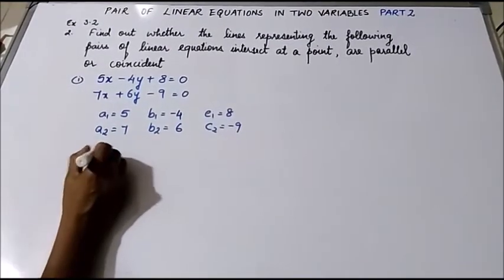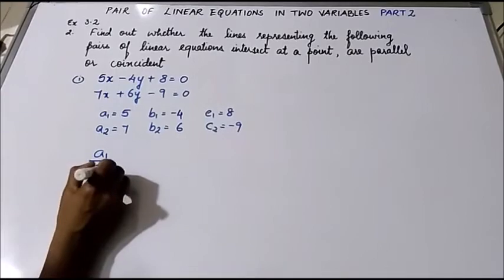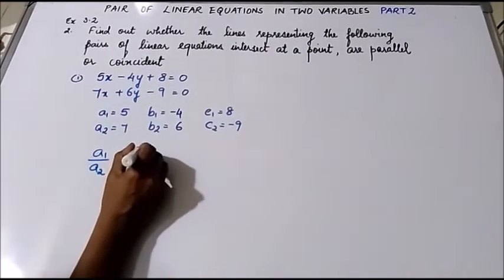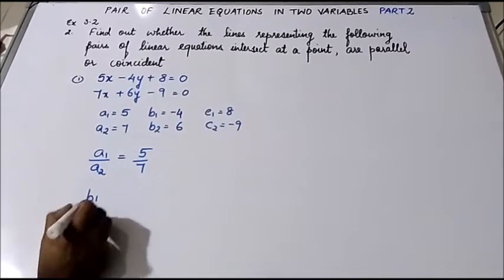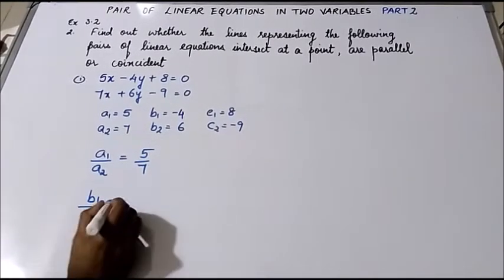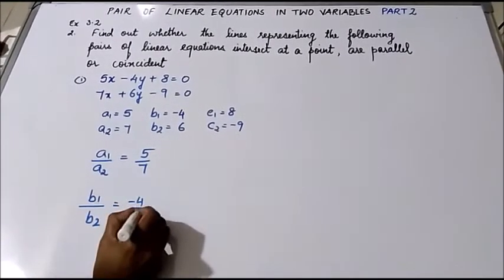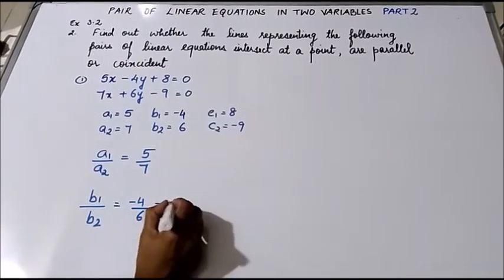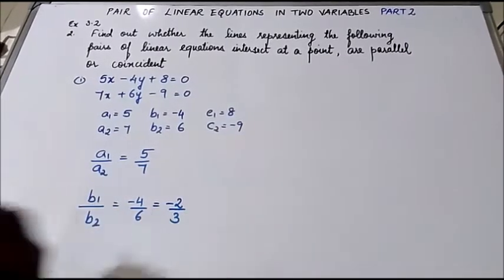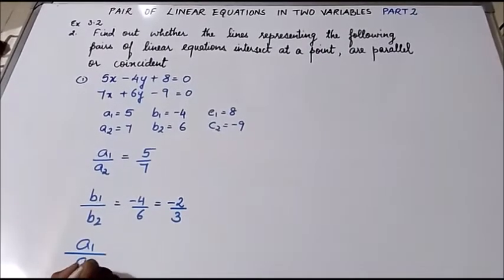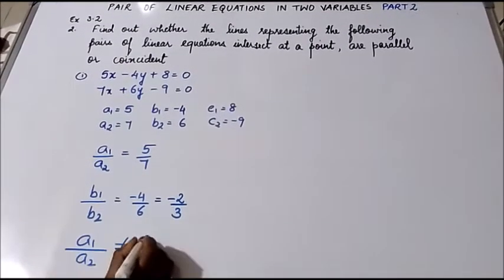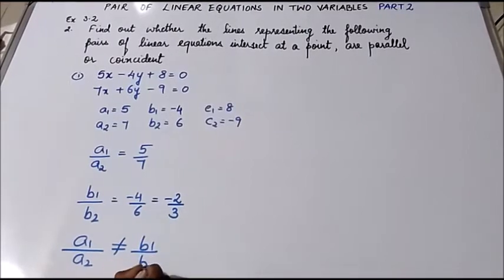So now let us check what we get here, a1 by a2. a1 by a2 will be equal to 5 by 7. We get here b1 by b2 is equal to minus 4 by 6. This will reduce to minus 2 by 3. Now as you can see here, a1 by a2 is not equal to b1 by b2.